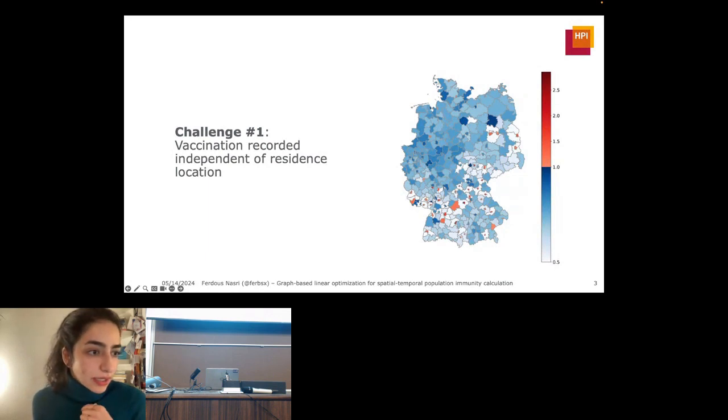So in this case, for example, this is a map of Germany, and we have the different counties shown in different regions, and we see some locations, for example, here in the middle, where there's a vaccination level of 250% in comparison to the population in that region, which is obviously unrealistic. And the cause of it, we assume, is vaccination tourism, as there were vaccination hubs in the center, but not in surrounding areas. So people had to travel to get their vaccine.